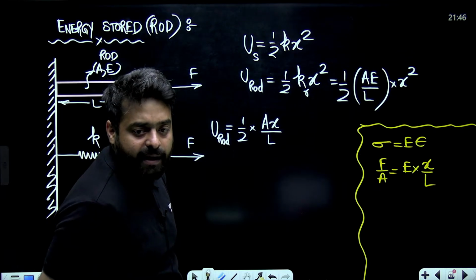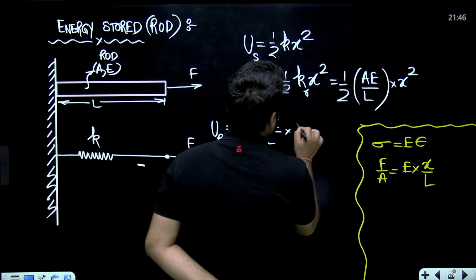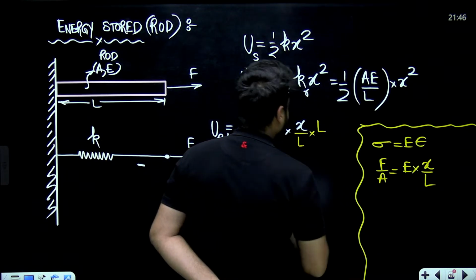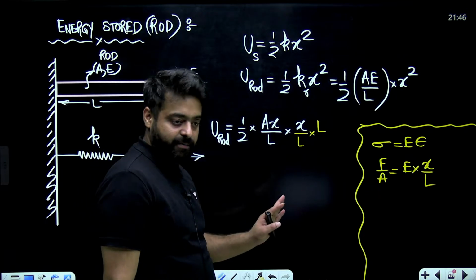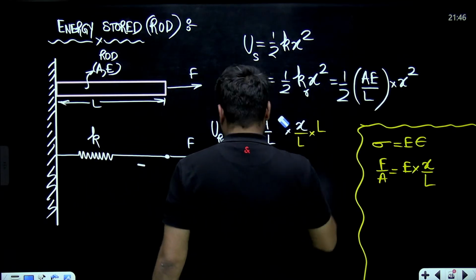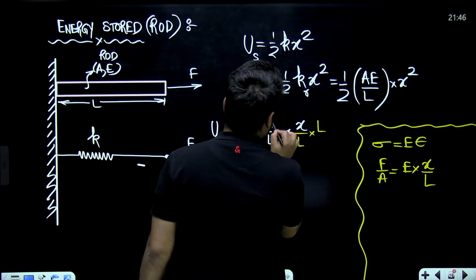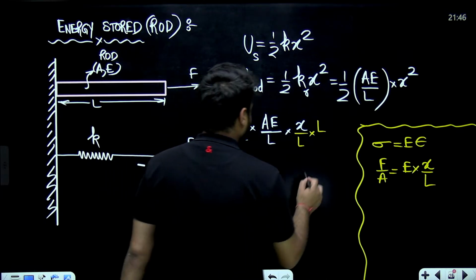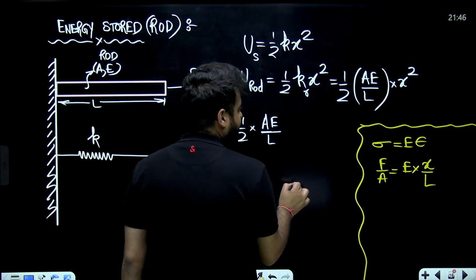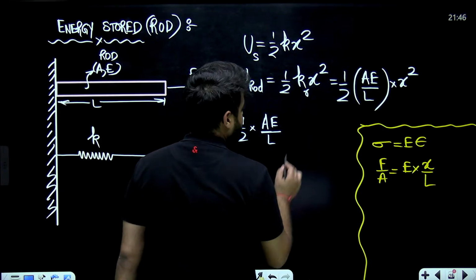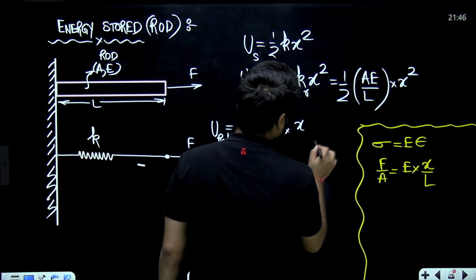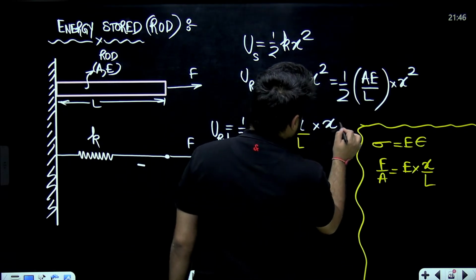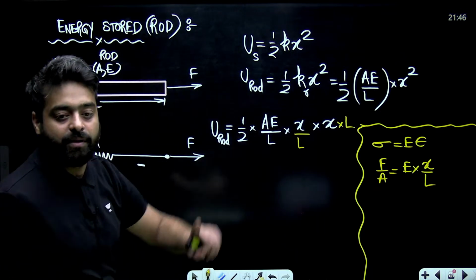If I put one x here and one x separately, divide with the L and multiply with the L, what I am doing is this yellow part.